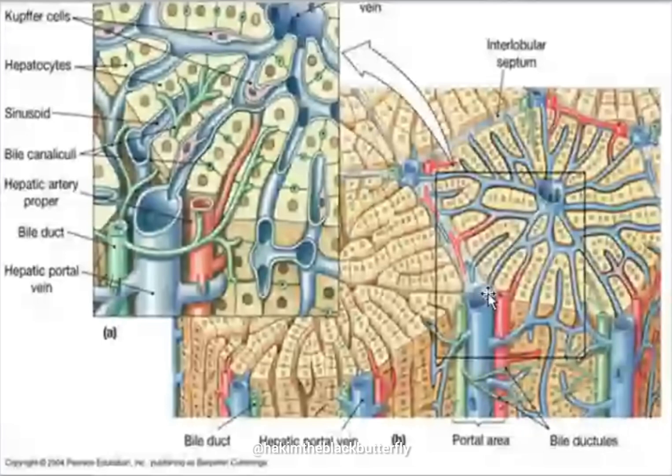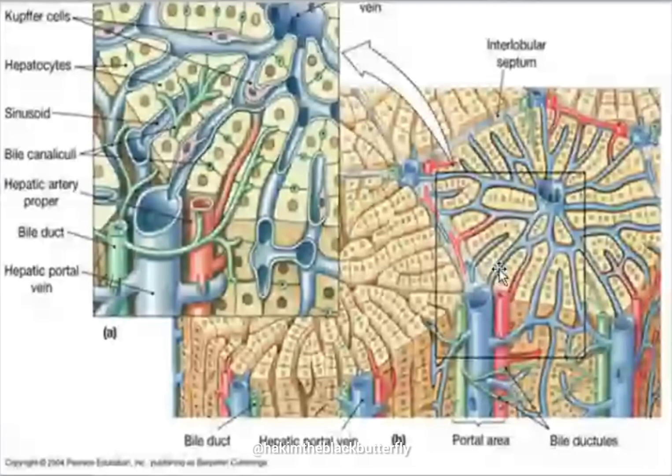As this blood is passing through the sinusoid, it is passing between hepatocytes. These are hepatocytes. So as it is passing between hepatocytes, there is exchange of materials or substances between the hepatocytes and the blood.